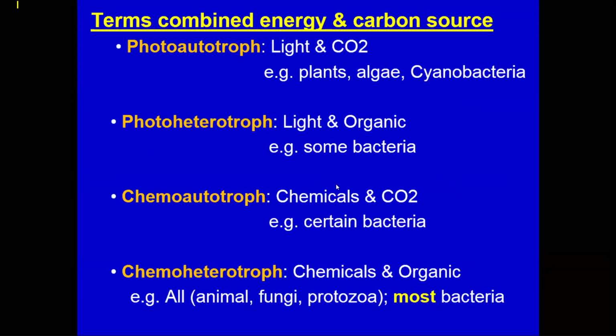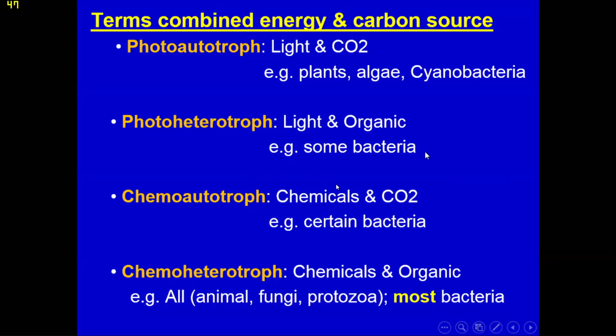Now let us combine things with each other regarding energy and carbon source. Photoautotrophs: photo means light, auto means CO2. Examples: plants, algae, which you studied at the beginning of the course, and cyanobacteria. Photoheterotrophs: photo means light, hetero means organic materials.